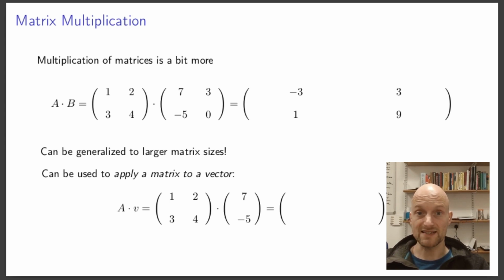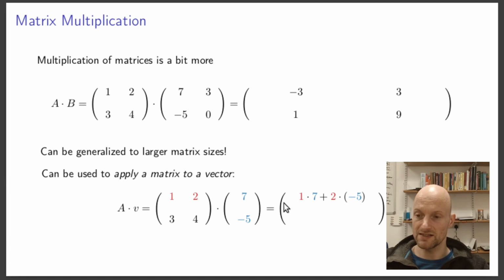So a vector in this sense is only a very special matrix, namely one which has only one column. So here's an example, a matrix 1, 2, 3, 4, like before, and a matrix which only consists of one column, 7 and minus 5. You can calculate the product just as before, which is now way shorter, of course.